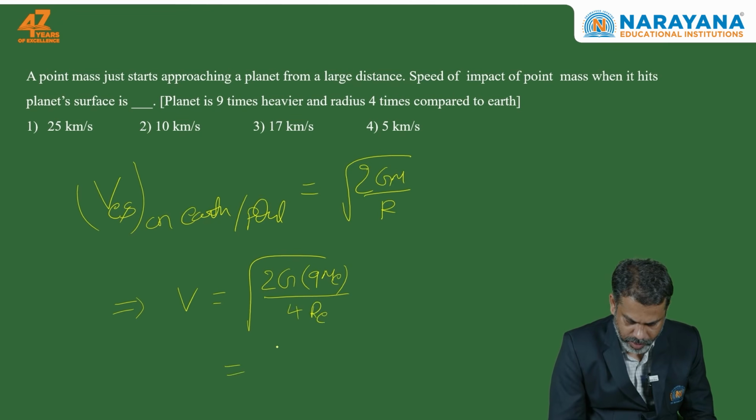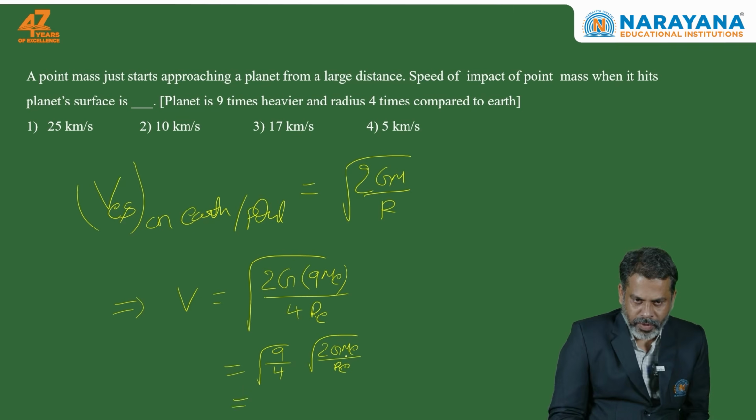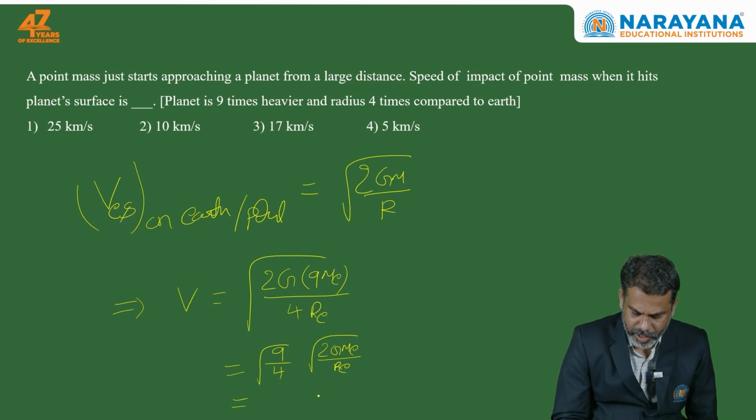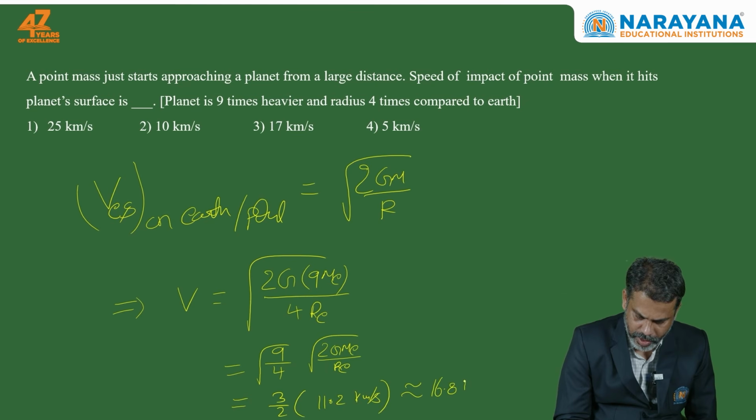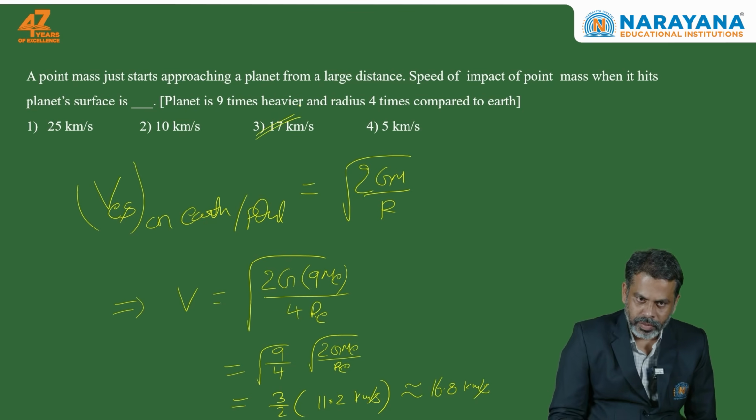That means 9 by 4 under root 2G ME by RE. We know the Earth escape velocity is 11.2 kilometer per second. This is 3 by 2 times that, right? I think it's approximately 16.8 kilometer per second, so closely 17. Hope it's clear.